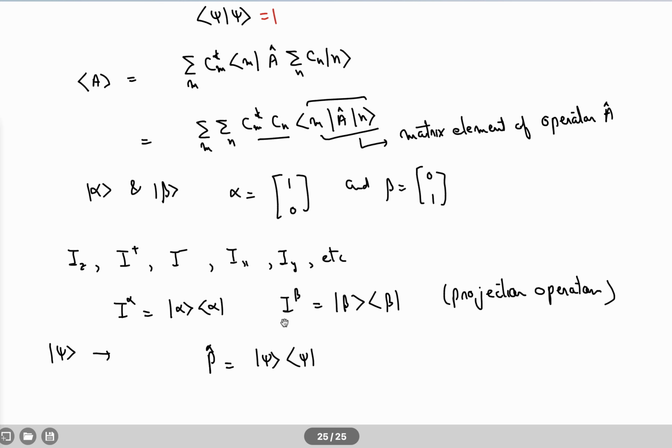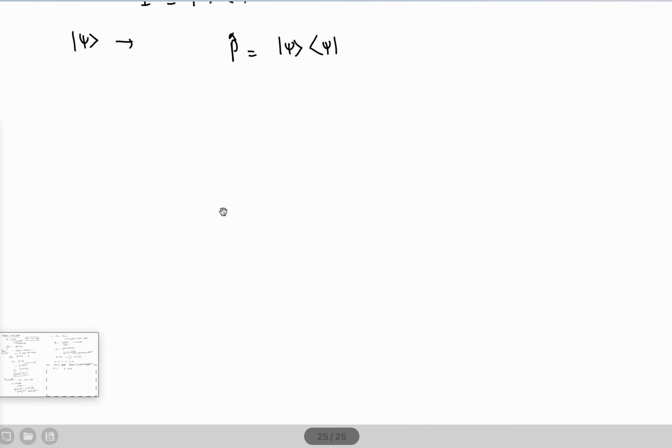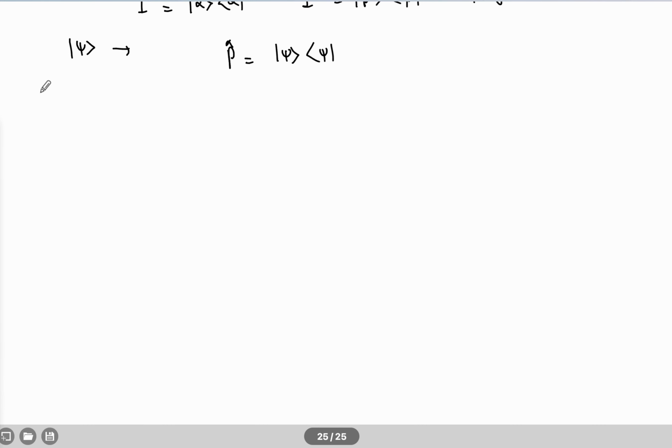Now if we want to write the nth row and mth column matrix element of P, because P is also an operator, one can write it in matrix form.